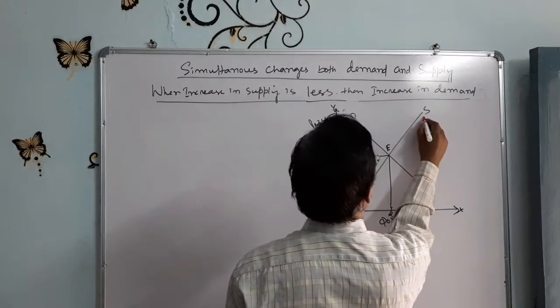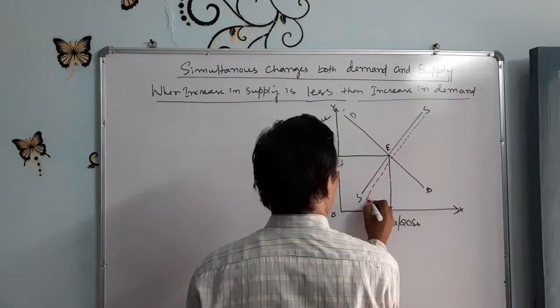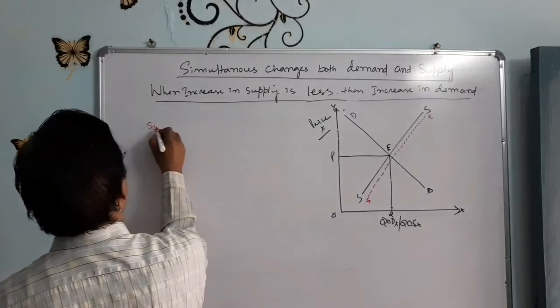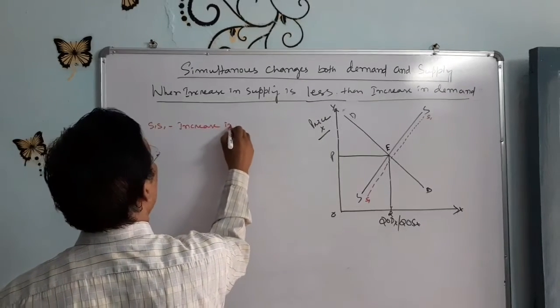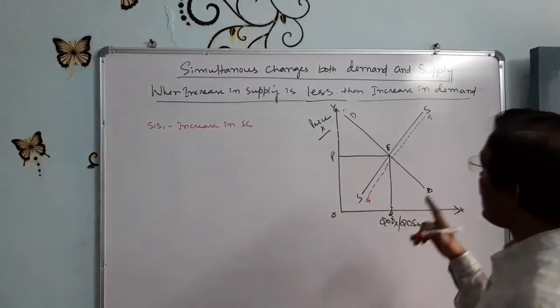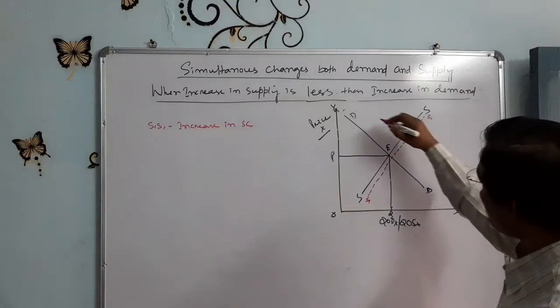This is the increase in supply. S1 is the increase in supply curve. Less, it means the increase in demand will be more.